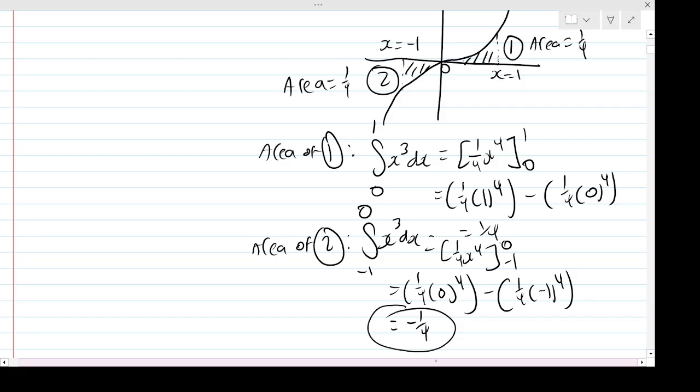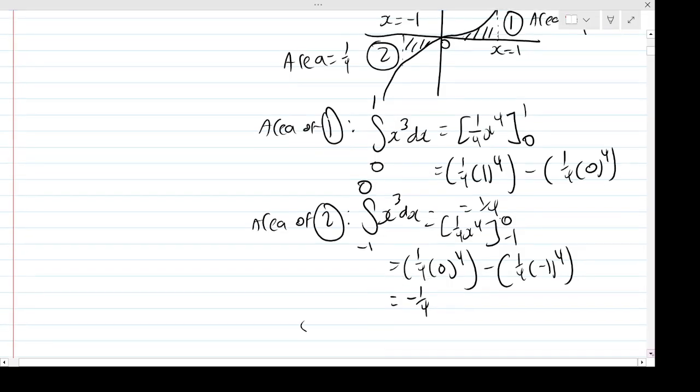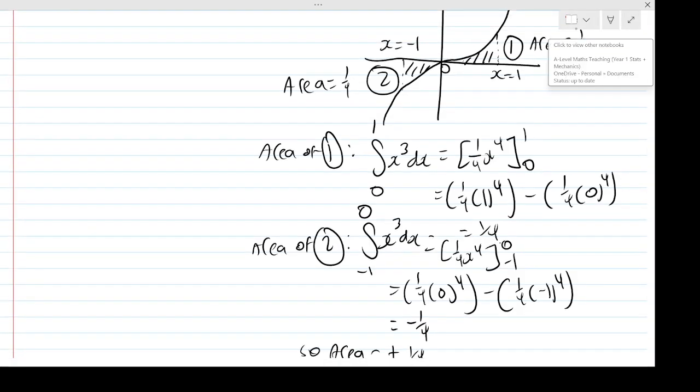When we integrate to find an area, we might get a negative answer, which we then need to flip into a positive. So the actual area is positive a quarter. Okay, so just pay attention. Again, that will be quite a crucial detail we need to pay attention to.